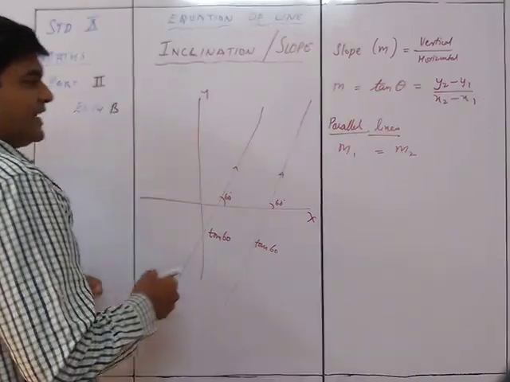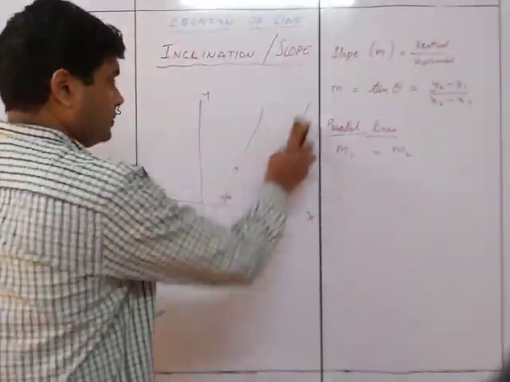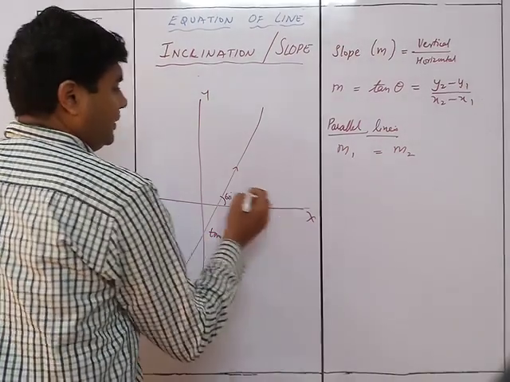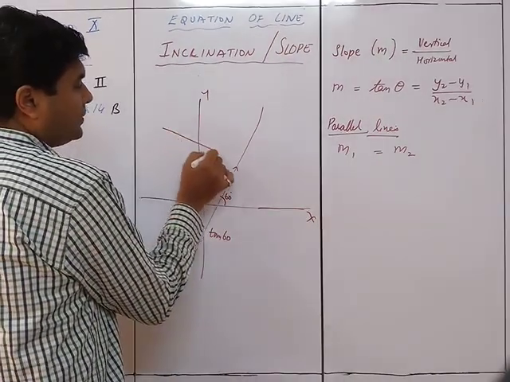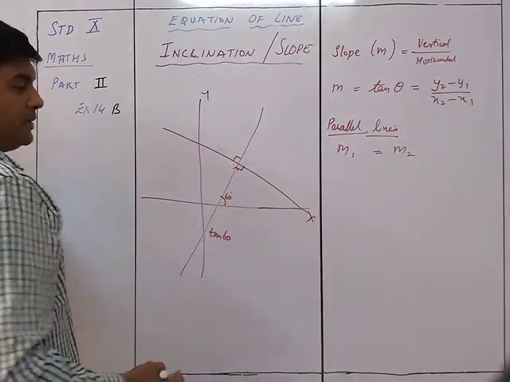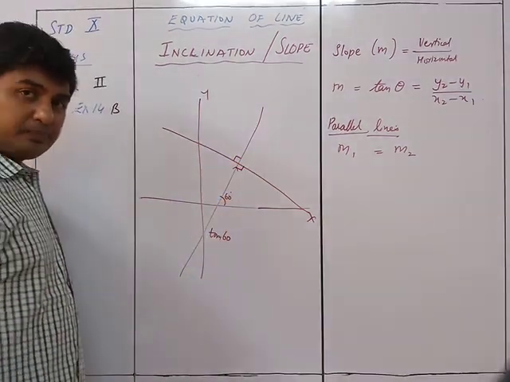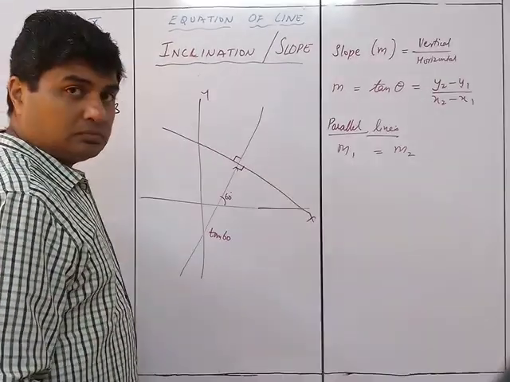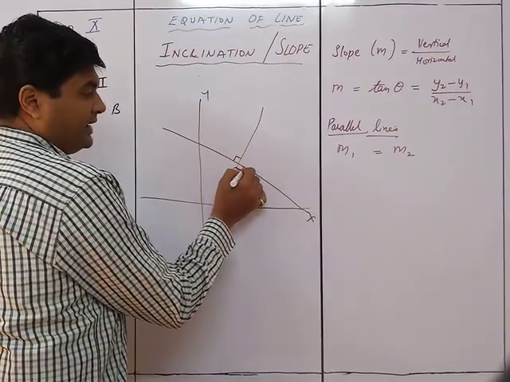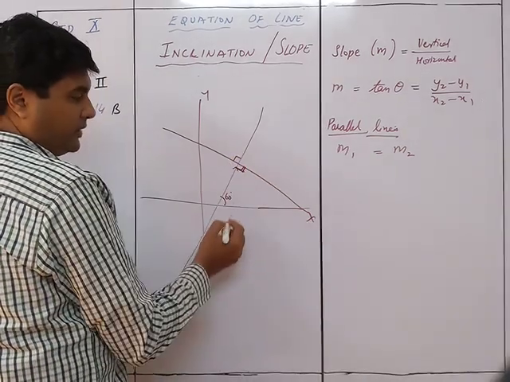We move on to the next thing. Suppose we don't have this line, but now we have a line which is perpendicular to this line. Then what would happen? See this. This is 90, because it's perpendicular. This is 60.